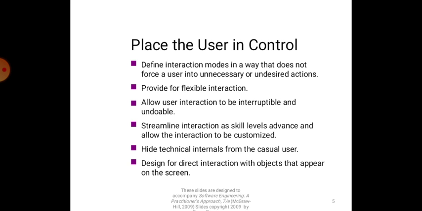Second point, provide for flexible interaction. Because different users have different interaction preferences, choices should be provided to them. For example, software might allow a user to interact via keyboard commands or mouse movements or voice recognition commands.